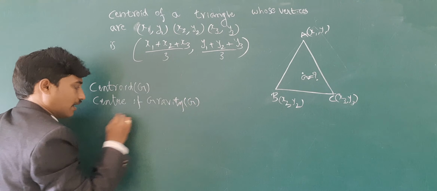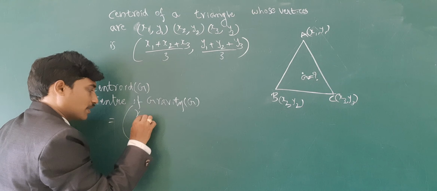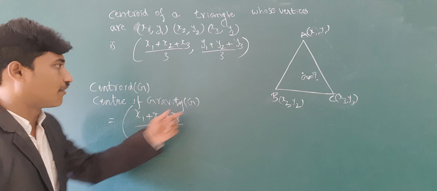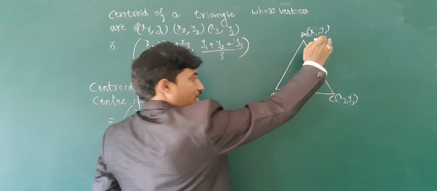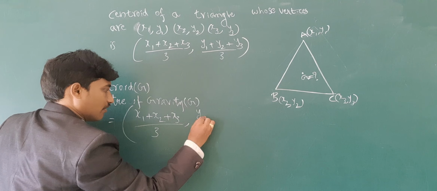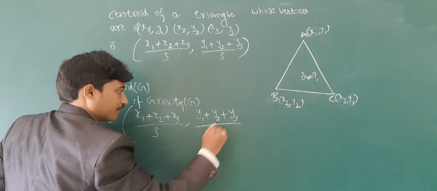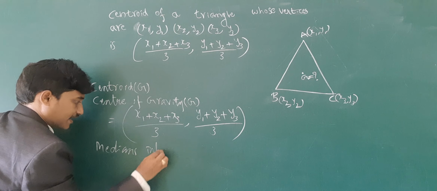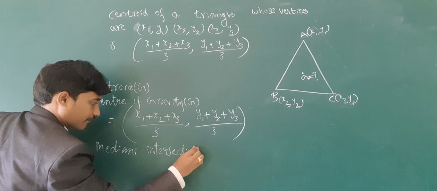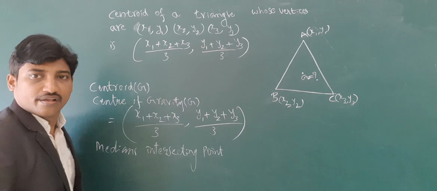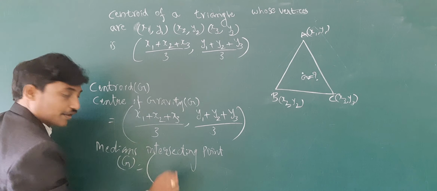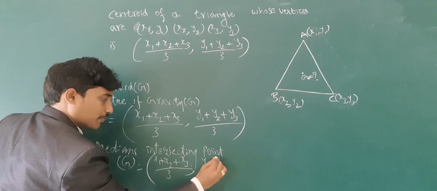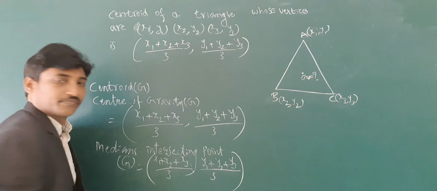The average of the x coordinates of the three vertices gives the x coordinate of the centroid, and the average of the y coordinates, y1 plus y2 plus y3 by 3, is the second coordinate of the centroid. The medians' intersecting point G is equal to ((x1 plus x2 plus x3) by 3, (y1 plus y2 plus y3) by 3).